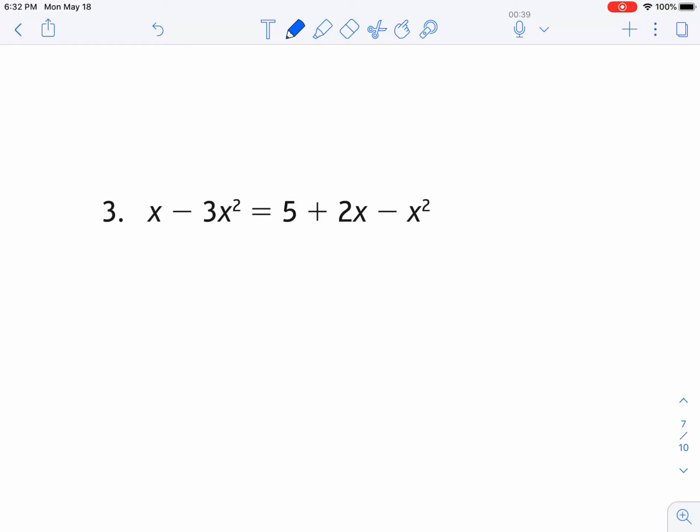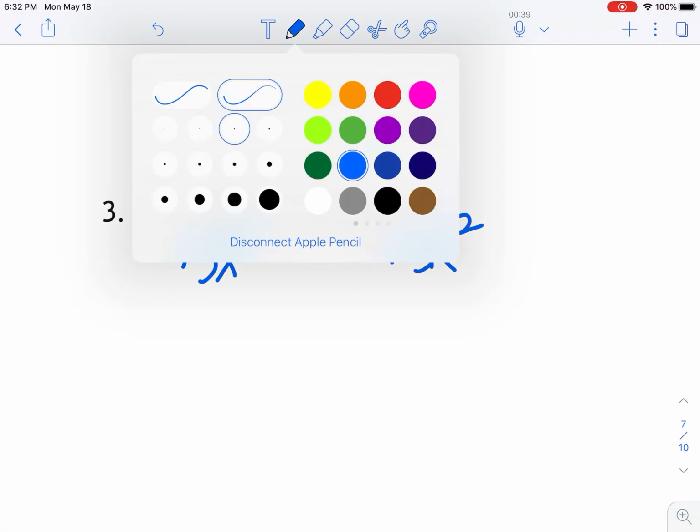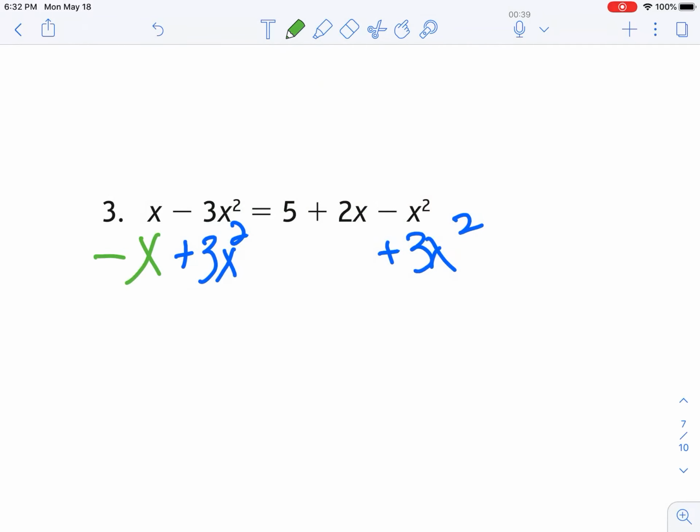since there are only 2 terms for number 3 on the left side, you can just move them to the right. So I'm going to add 3x squared, add 3x squared, and then I'm going to subtract x.